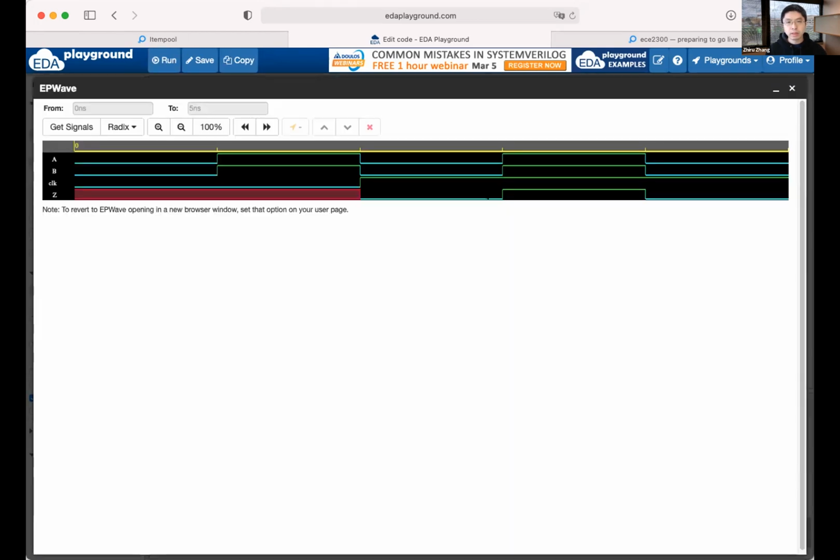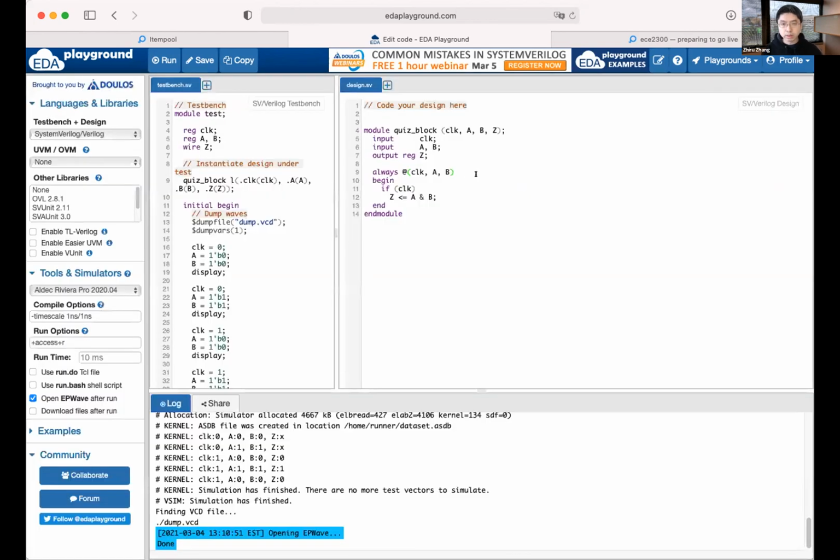So you make this change here, and now we have a nice latch. When clock is high, Z is responding according to the change of A and B. It's going high and then low. So pay attention to the sensitivity list. In many cases, this is just fine. This is a wildcard.